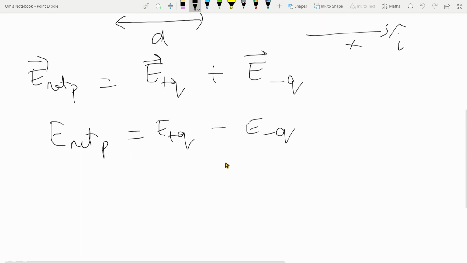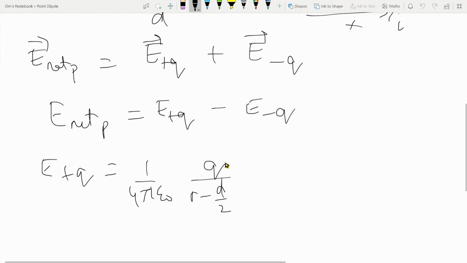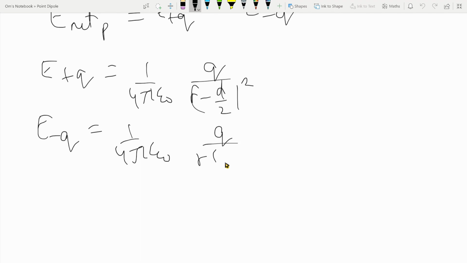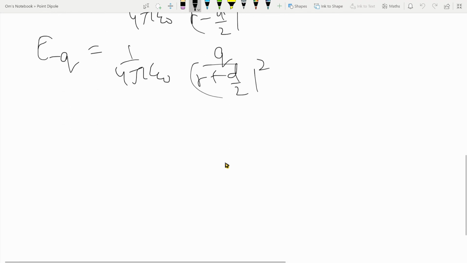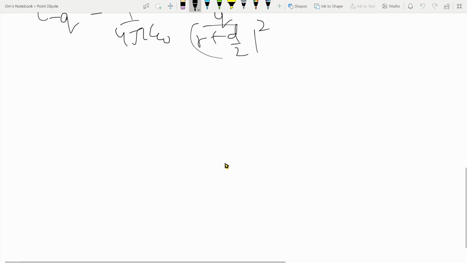E plus Q is equal to 1 by 4 pi epsilon naught Q by (r minus d by 2) the whole square, and E minus Q is equal to 1 by 4 pi epsilon naught Q by (r plus d by 2) the whole square. And so the net field is simply the difference between these two values, as I have shown above.